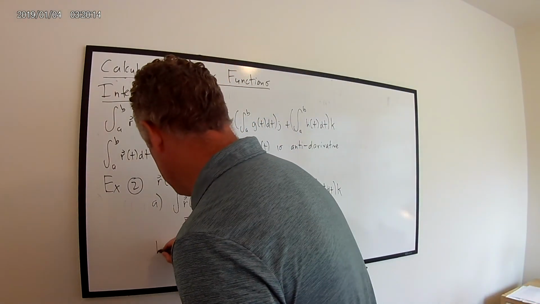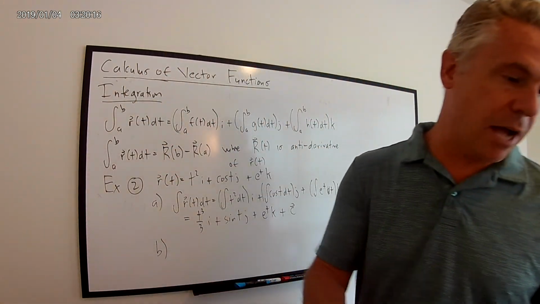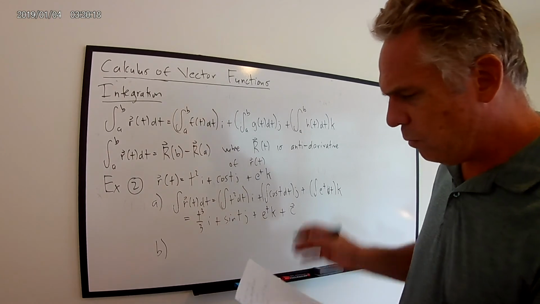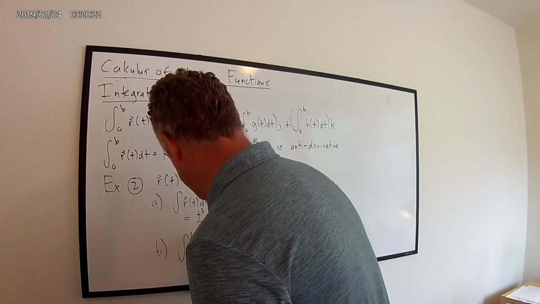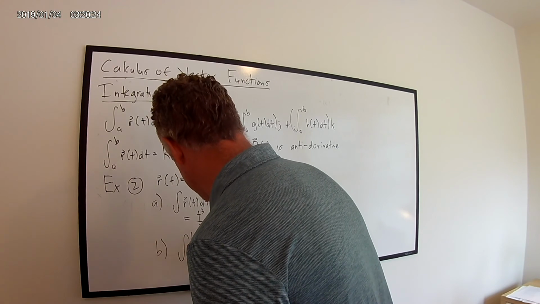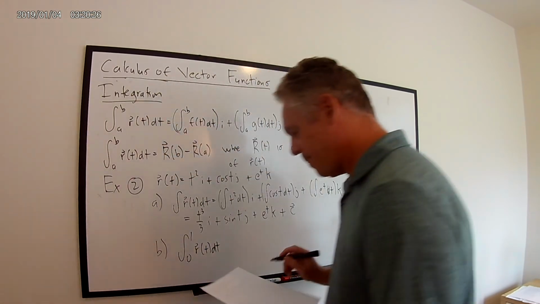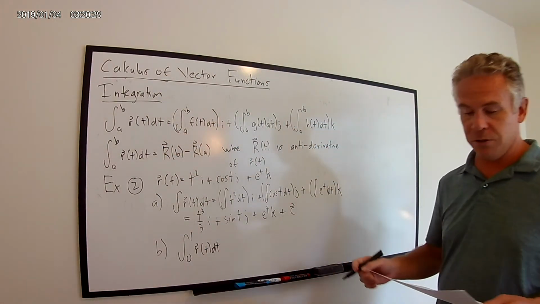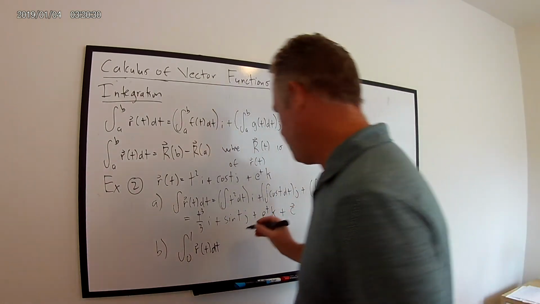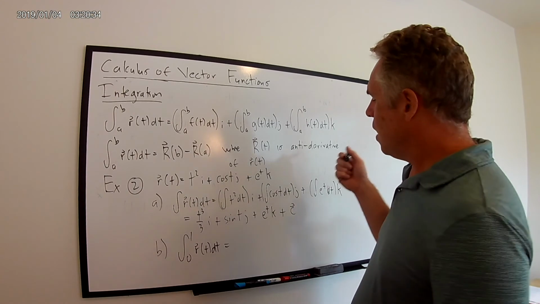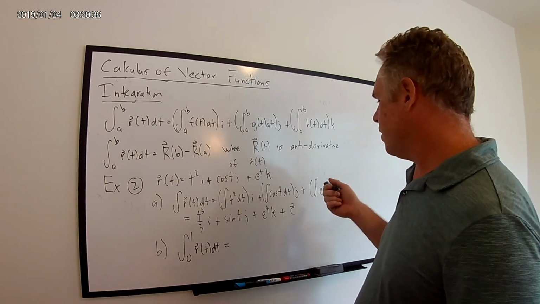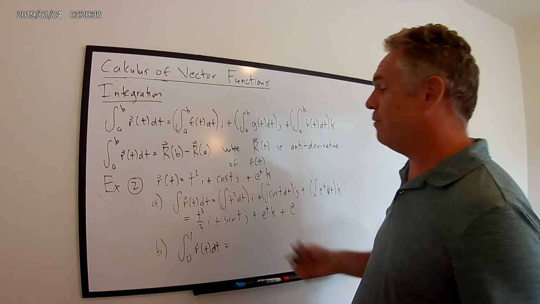Let's talk about doing a definite integral. Imagine that we wanted to do this definite integral, 0 to 1 of this same vector function, r of t dt. Well now we can use our result and simply plug in our limits, ignoring the constant vector because now we have a definite integral.